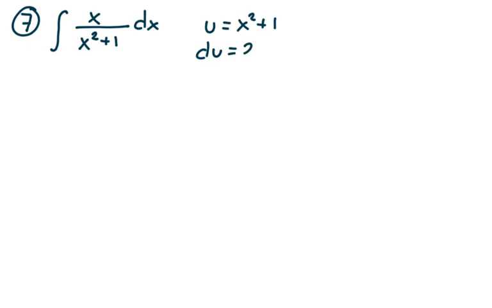If we take a look at problem 7, this is the integral of x over x squared plus 1 dx. Now, I'm going to let u equal x squared plus 1. du is 2x dx. x dx is 1/2 du.